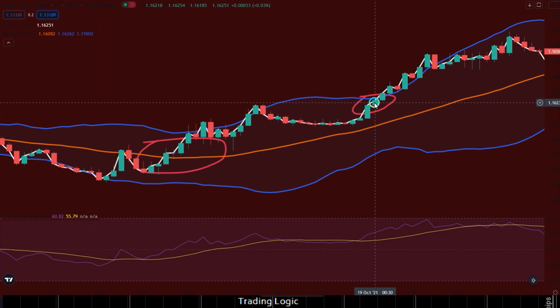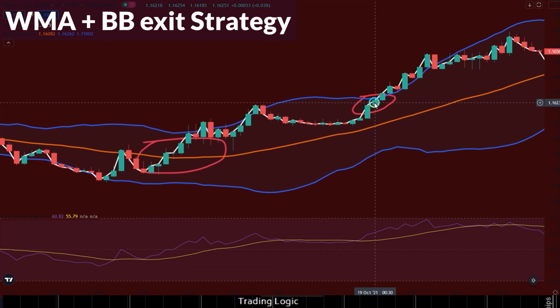So the third rule is the actual exit strategy with 2 indicators, weighted moving average and Bollinger Bands.